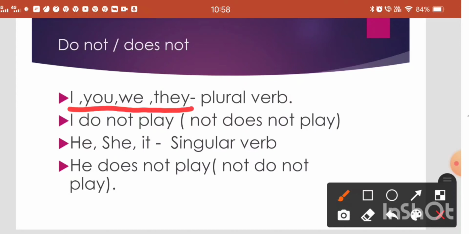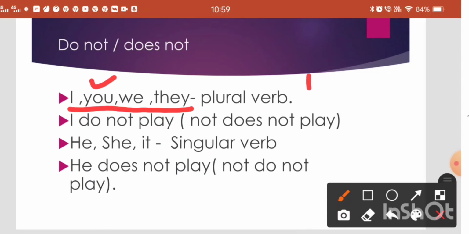Okay, the pronoun I always takes a plural verb in the present simple tense. And next subject you, second person pronoun, it may be a singular number or it may be a plural number subject. So in both cases it will take a plural verb. So we, they also take a plural verb.